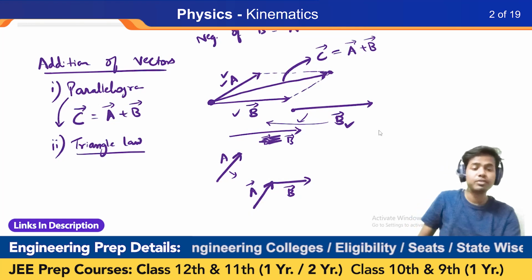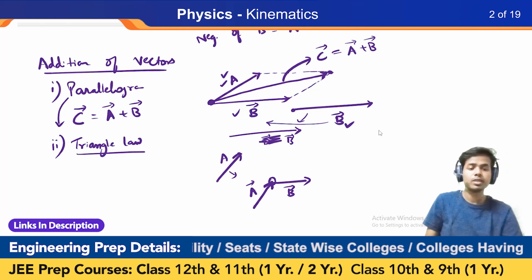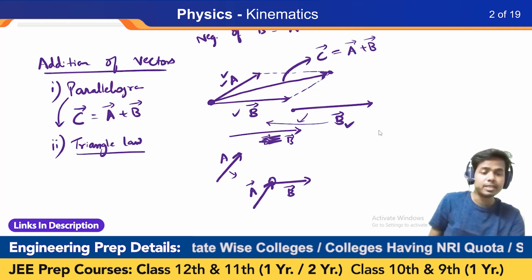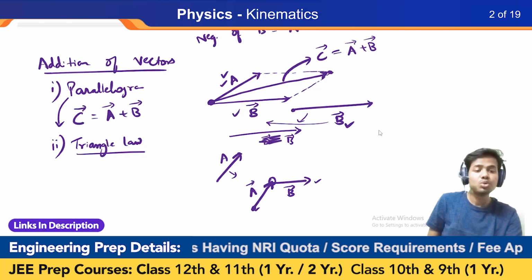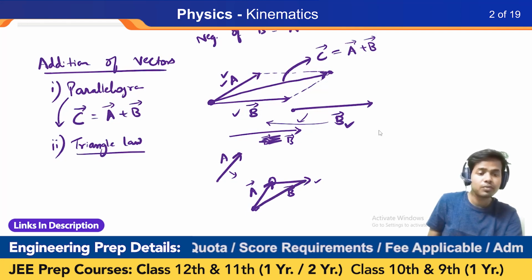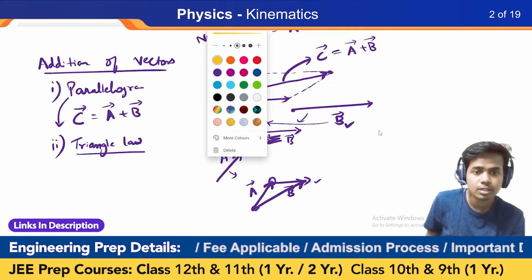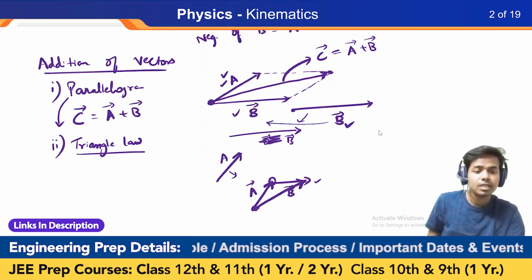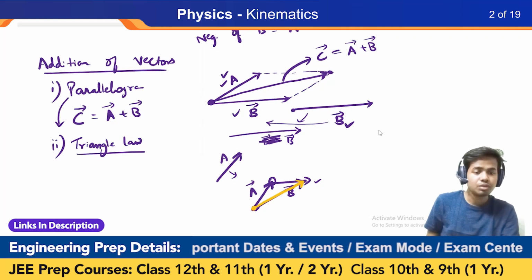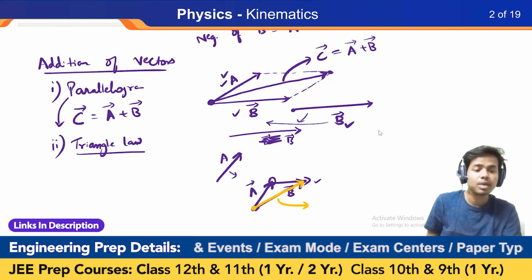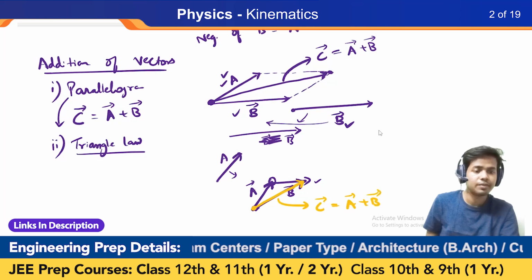The head of one is actually touching the tail of another. What you have to do here is, see, this is not a free end of these vectors. This is a free end and this is a free end. So from the free tail to the free head, you have to make another vector, or I can choose another color for that. From the free end to the free head, you make another vector which is nothing but c vector, and that will be the addition of these two vectors, a vector plus b vector.